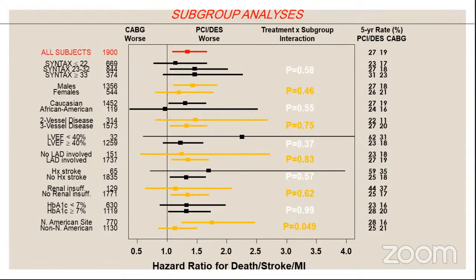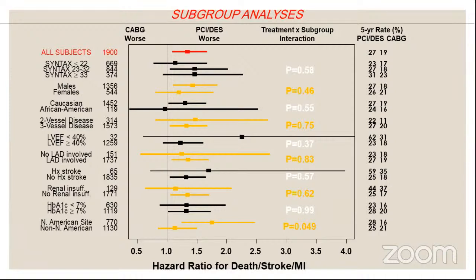For males, the event rate was 27% with PCI and 18% with CABG, so outcomes were higher for the PCI male group. Also 26% for females, higher than 21% with CABG.